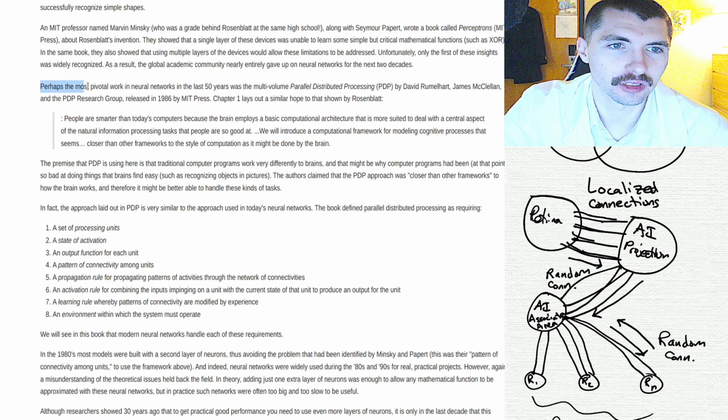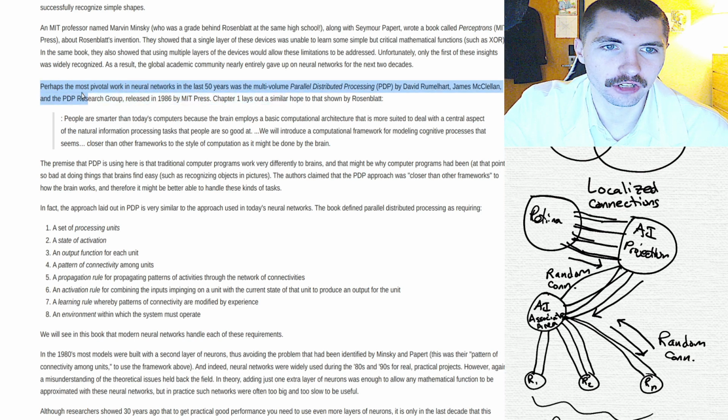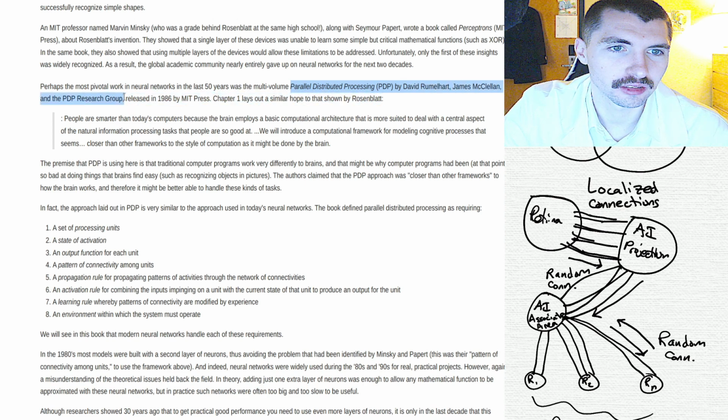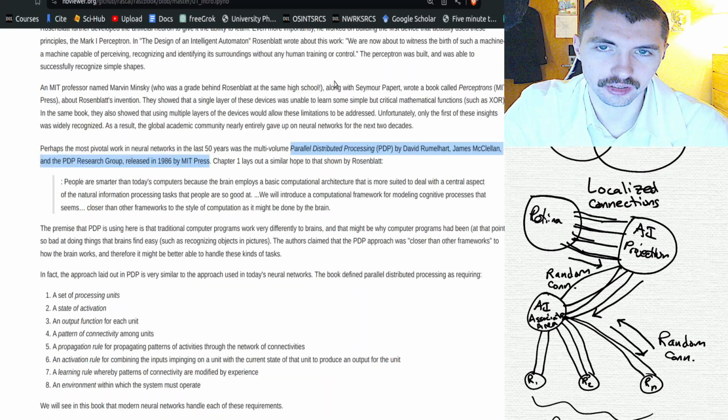Okay, so now we have more assigned reading material. Perhaps the most pivotal work in neural networks in the last 50 years is the multi-volume Parallel Distributed Processing by James McClelland. Okay, so let's find that.